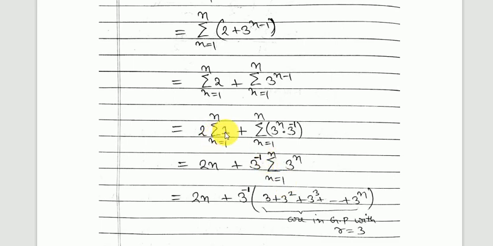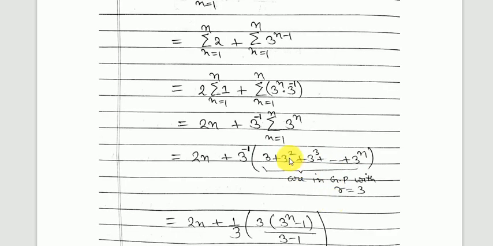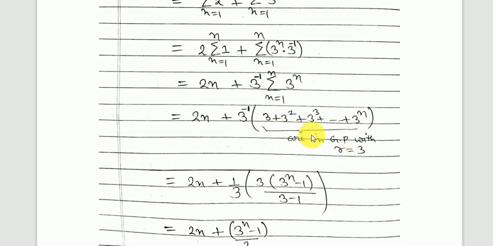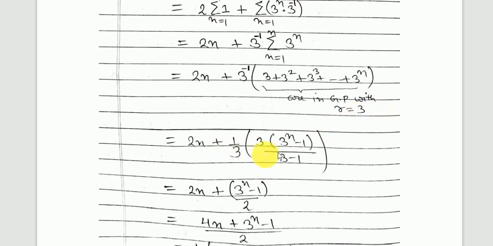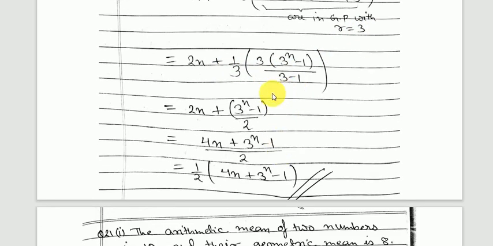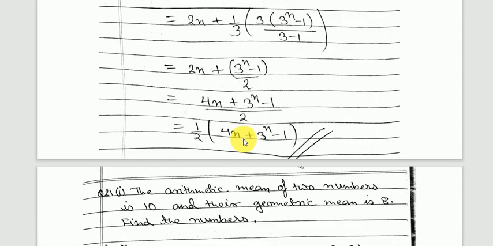Summation of 1, n from 1 to n, that means you get n. And here, in the bracket, this means 3 to the power 1 plus 3 to the power 2 plus so on plus 3 to the power n. These terms are in GP, and here the common ratio is 3, so use the formula for the sum of the GP where r is greater than 1, then simplify it and you will get the sum of the series.